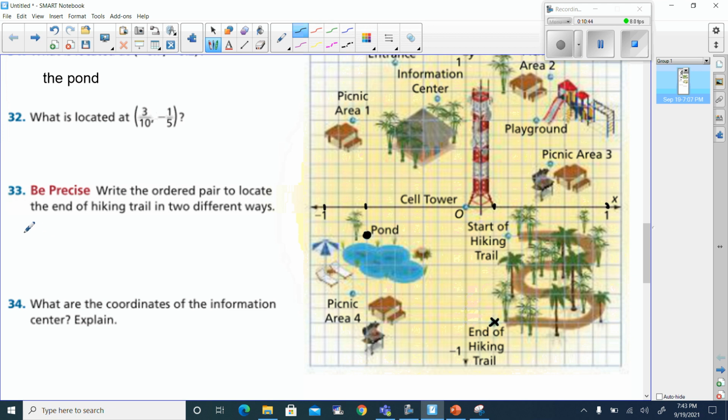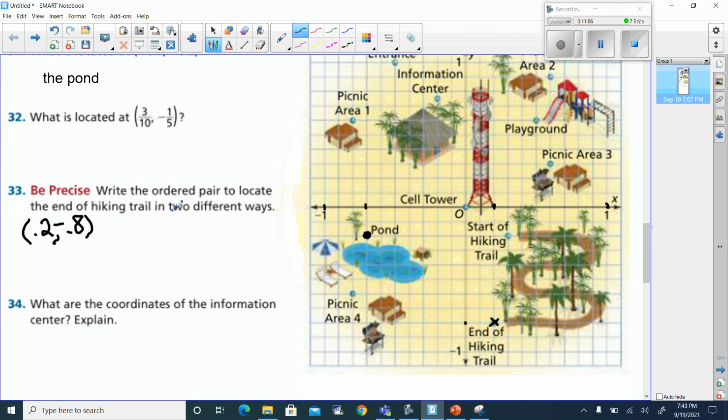Negative 8. So the first way I could write it is 0.2, because it's positive 0.2 over here, and then I would put negative 0.8 as my other part of the ordered pair. That gives me one way of writing it.